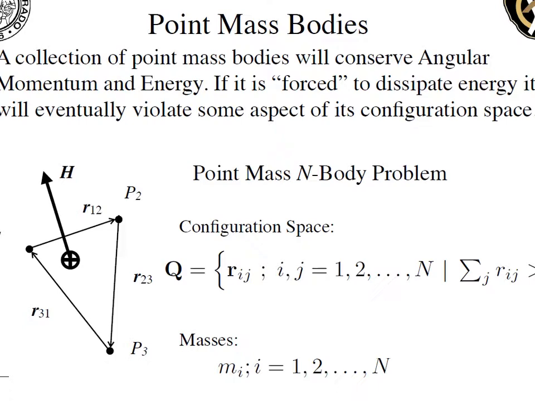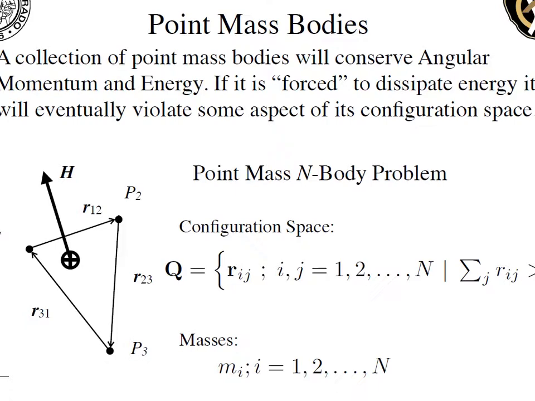And we just have the restriction that we can't have multiple bodies going towards a collision at the same time, signified by this. However, if we force this system to dissipate energy in some sense, it will eventually want to violate these conditions, and then violate the existence of the solutions to these problems, and leads us to a very singular situation.